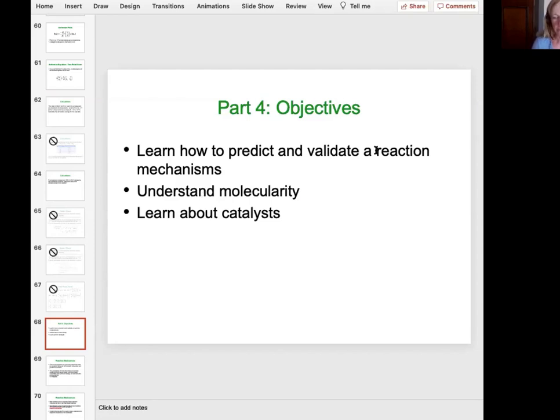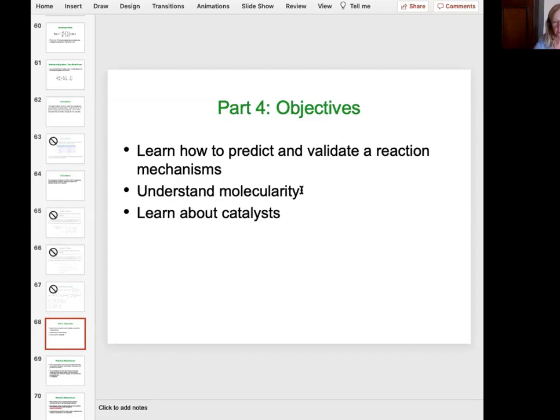So we're going to propose this thing called reaction mechanism, which is looking at these individual steps for a chemical reaction and understanding how they're going to affect the overall rate. If we have the individual steps, then we can determine the overall rate of the reaction fairly easily. What we have to know is, do the individual steps happen fast or do they happen slow?